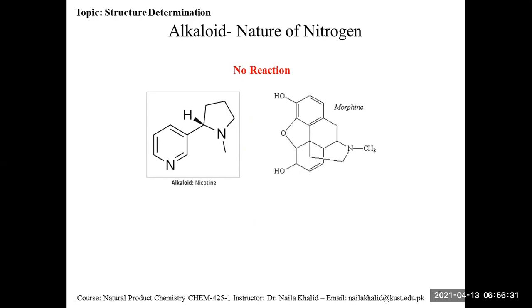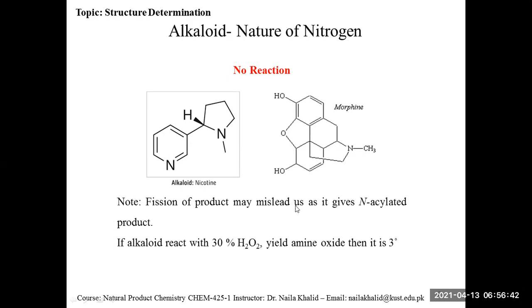And there is a possibility that in these bicyclic or tricyclic products, ring fission may take place due to N-acylation. This will mislead us as to whether your nitrogen is tertiary, primary, or secondary. In that case, you will go for clarity, for another test.